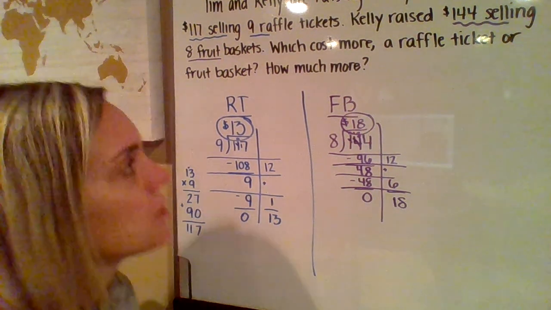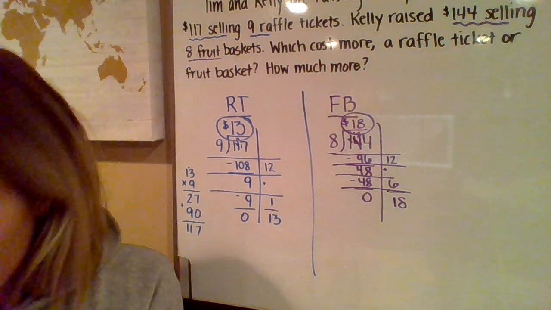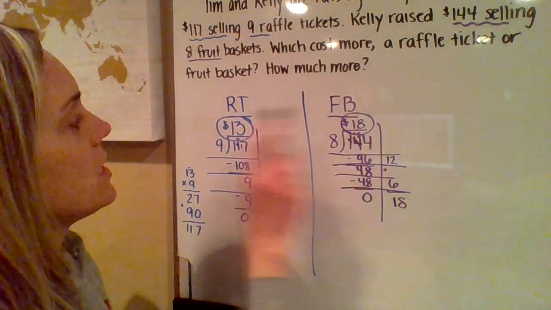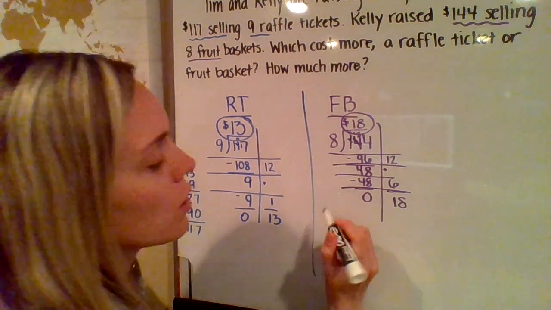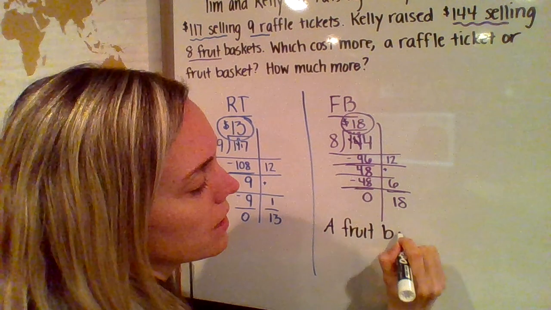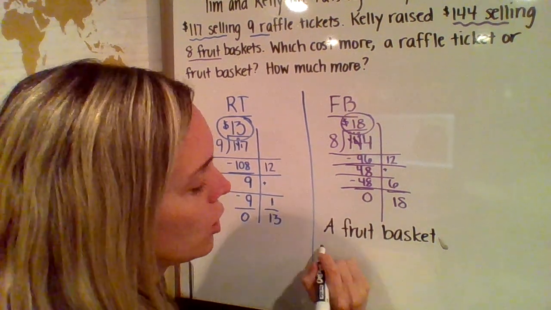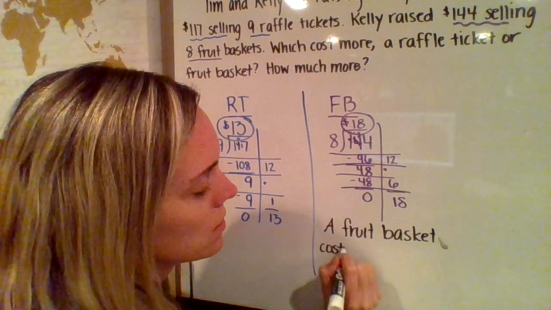Let's go look at our question. Which costs more, a raffle ticket or a fruit basket? So I know fruit baskets are 18, raffle tickets are 13. So a fruit basket costs more.